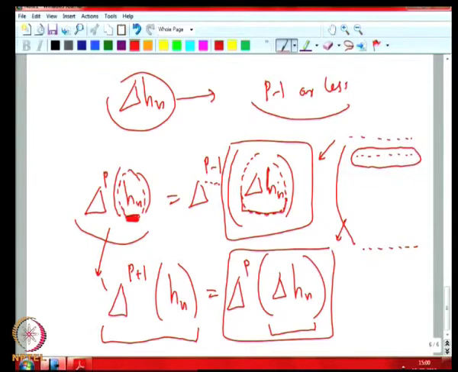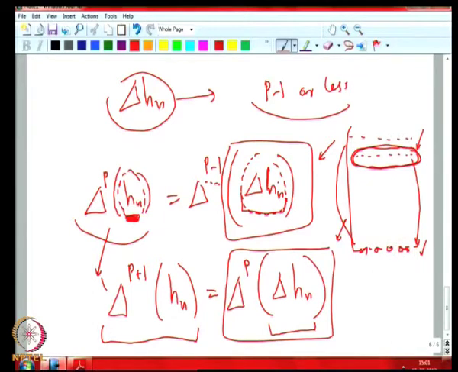The first row can be represented by the general term, which is a polynomial in n of degree p minus 1 or less. Now, the p plus 1th row for the first table is going to be the pth row for this other table. So we know by induction hypothesis that because it is a polynomial of degree p minus 1 only, this row is going to be 0. So the original one is also 0.